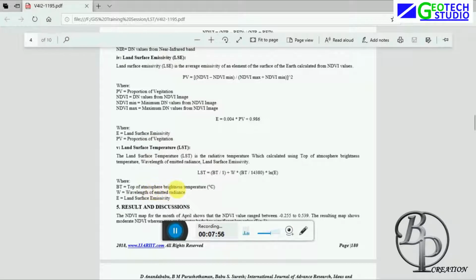We are dealing with land surface temperature, which we can get through the land surface emissivity. To calculate the land surface emissivity we need the proportion of vegetation, and the proportion of vegetation can be calculated from NDVI.